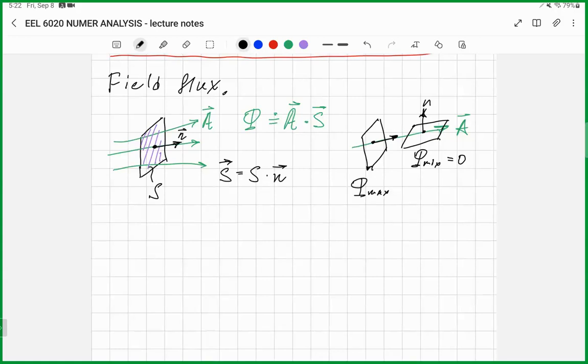The way we do that, we push the size of the surface to 0, and this flux becomes dΦ, and is still equal to the scalar product of the field at this point times the element of the surface. So this is the flux element.